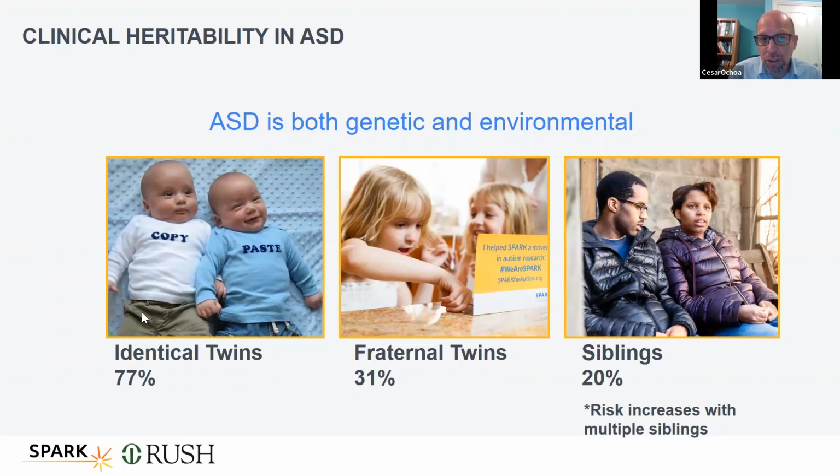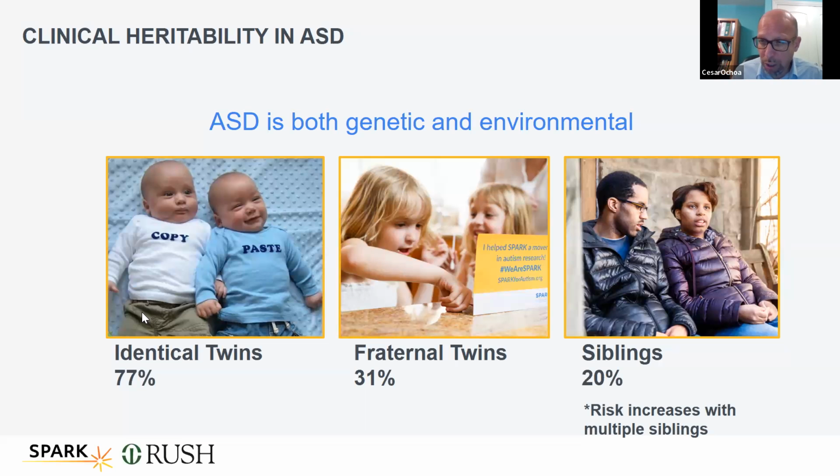So autism is considered a primarily genetic condition, but there are also environmental factors, as we're going to say. The SPARK study that has more than 30,000 trios at this time, more than 30,000 participants, found that there's a concordance rate of 77% for identical twins, meaning if you have 100 identical twins, 77 are both going to have autism, and in 23 cases, one of them is going to have autism and not the other.